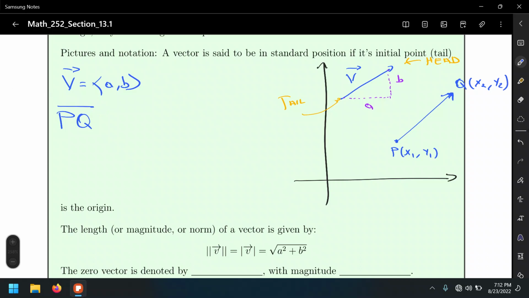Otherwise, you might have seen this notation before, PQ with only a bar. That means segment, but we're not talking about segments, we're talking about vectors this time. And to describe those vectors, all we need is to subtract the components x2 minus x1, comma, y2 minus y1. All right? Really easy to obtain vectors knowing the 2 points.